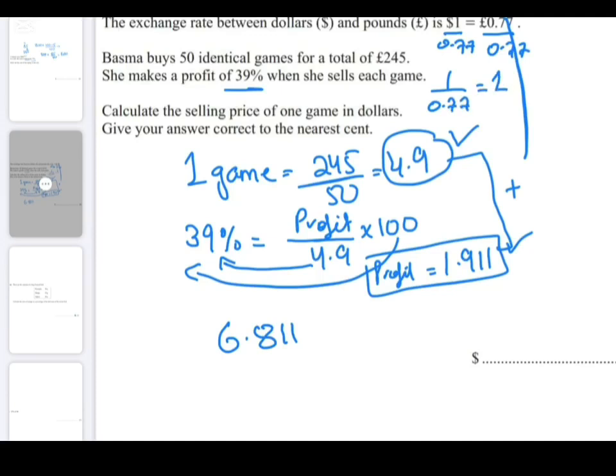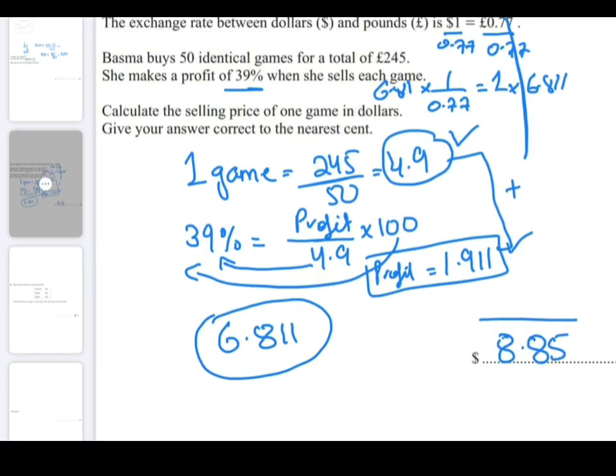This means 1 pound is equal to 1 upon 0.77 dollars. Now the value we got in pounds is 6.811, so we multiply by 6.811 on both sides. Now I will calculate. Dividing by 0.77, the final answer is 8.85, to the nearest cent. So 8.85 will be the final answer of this question.